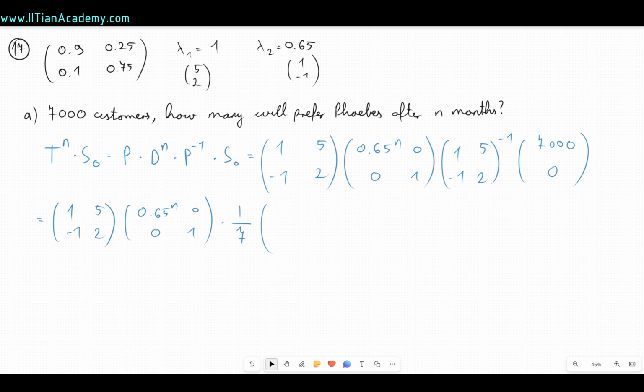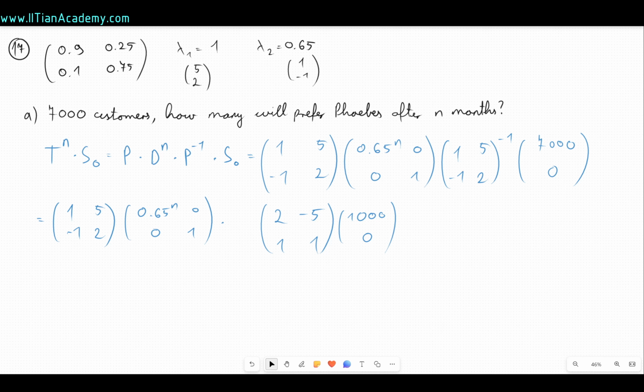Then we simply flip the main diagonal and change the signs of the other diagonal. Like this, then we still have 7,000, 0. So we can simplify this 7 with this 7, so this disappears, and this becomes 1,000.